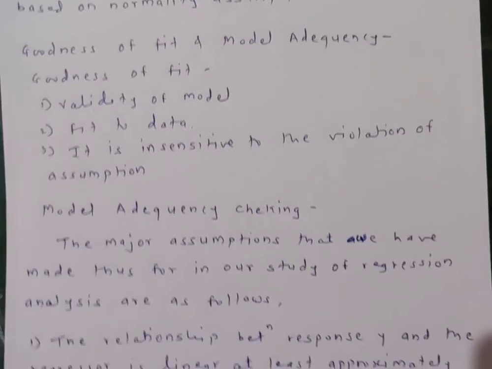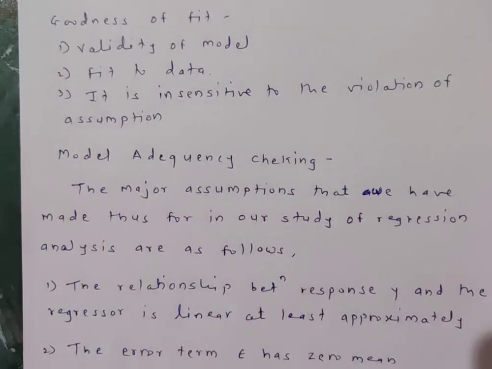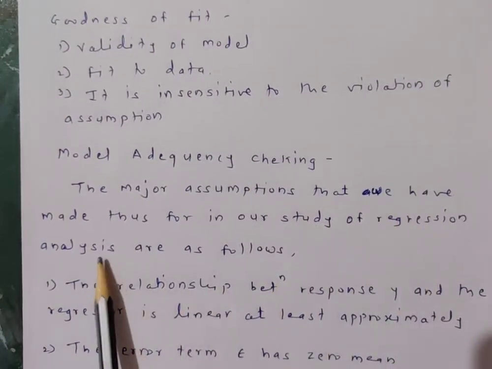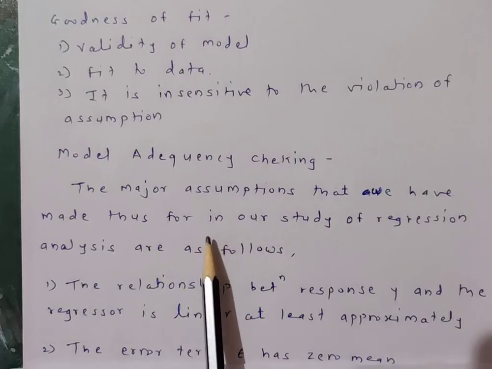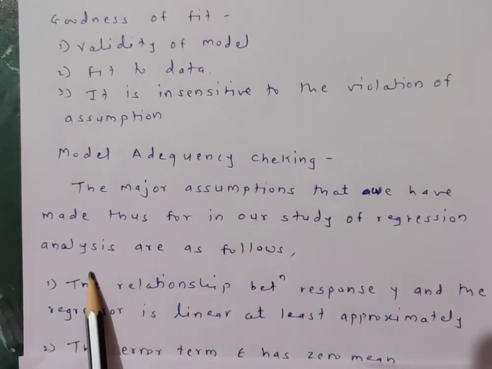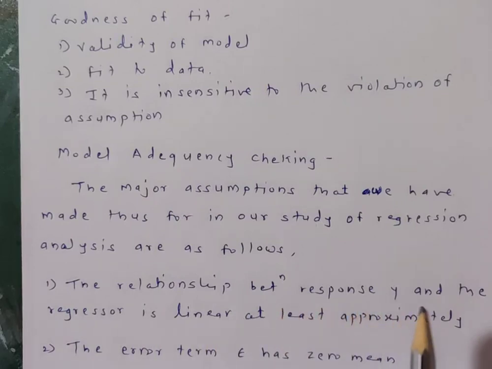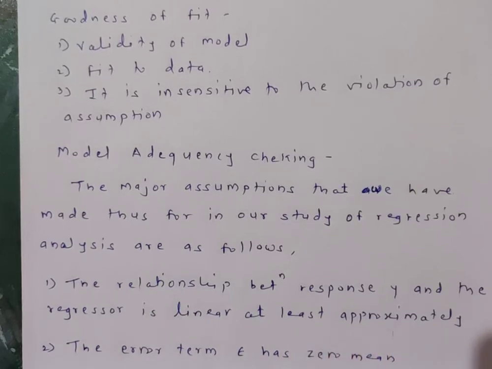In model adequacy checking, the major assumptions that we have made thus far in our study of regression analysis are as follows. The relationship between the response y and the regressors is linear, at least approximately.